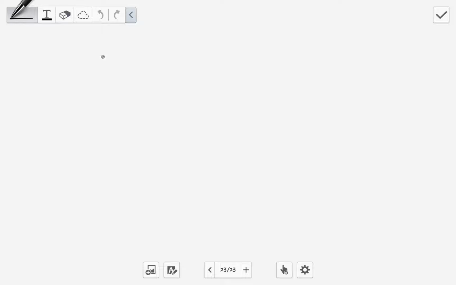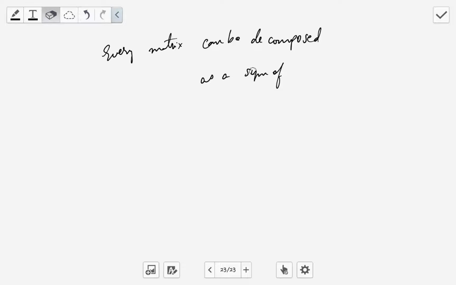Now we know that every matrix can be decomposed as a sum of symmetric and skew symmetric matrices.